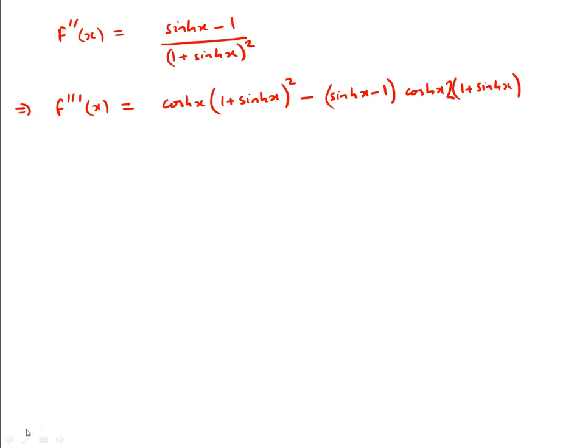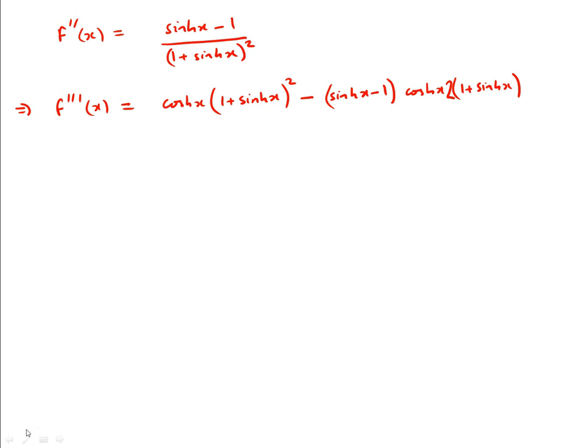So using the quotient rule with u equals sin x minus 1 and v equals 1 plus sin x squared, then our u dash is cos x times by v, which is 1 plus sine x squared. Take away u, that's sine x take away 1, times by the derivative of v.